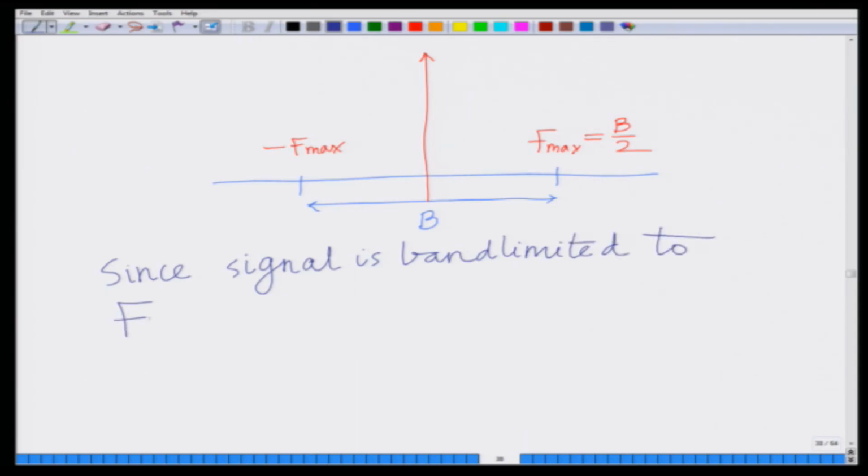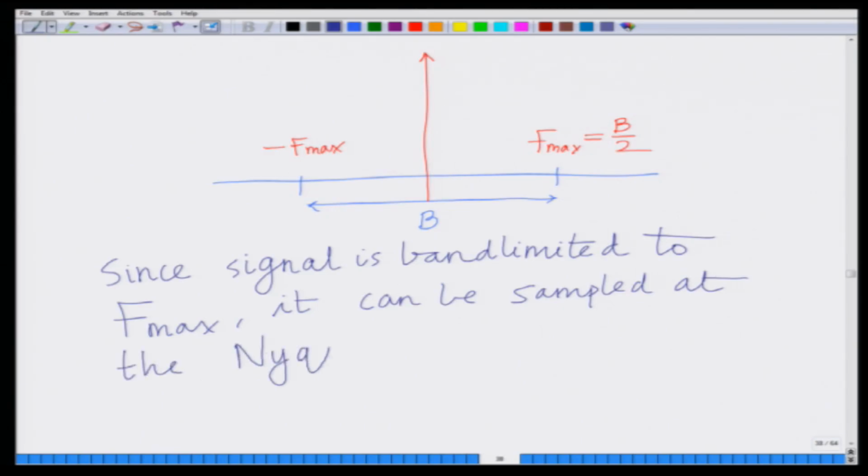Since the signal is band limited to f max, it can be sampled at the Nyquist rate. And what is the Nyquist rate?